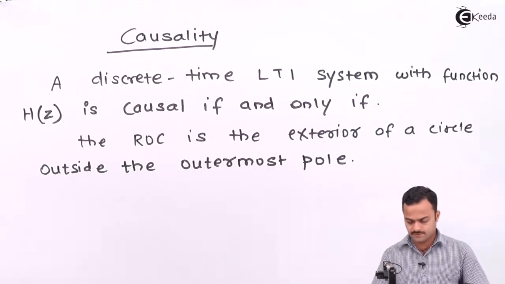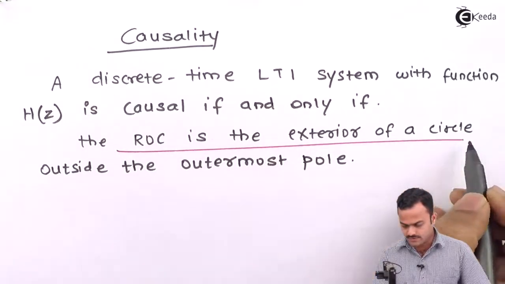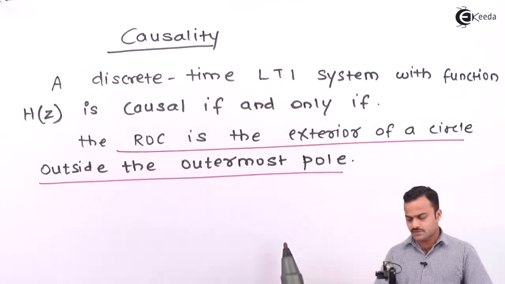So the keyword is ROC has to be exterior of a circle which is outside the outermost pole.